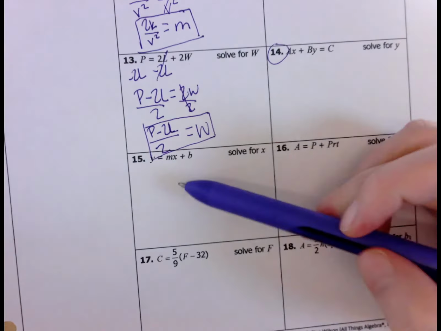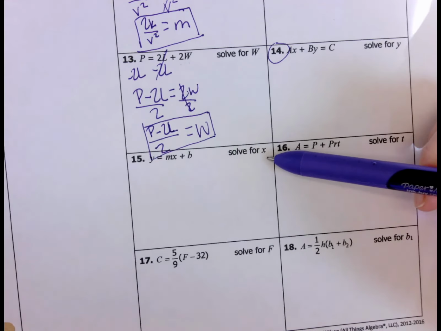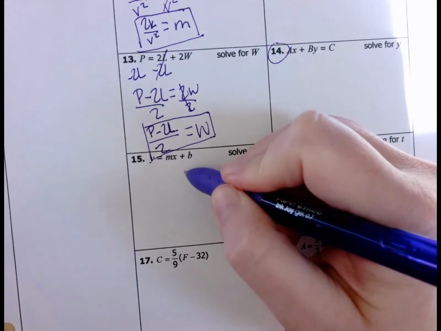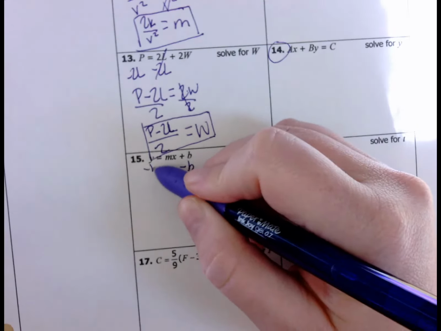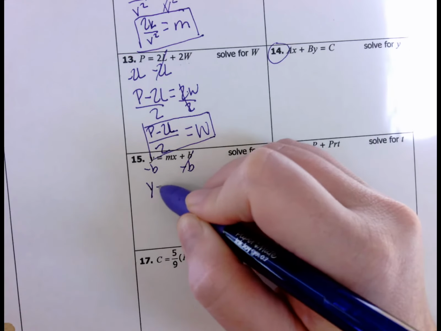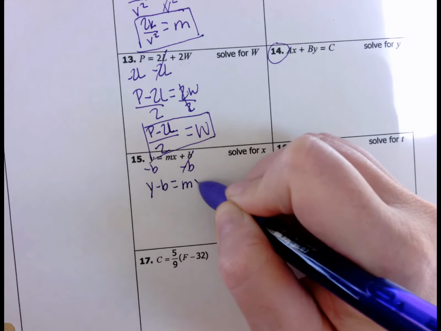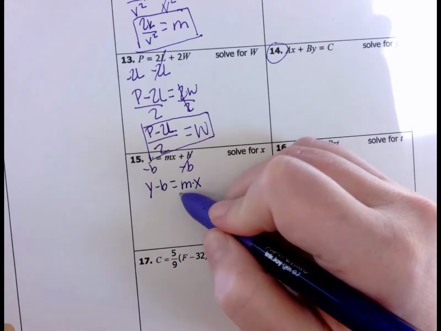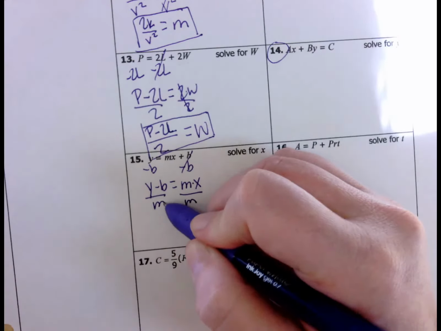Okay, number 15, y equals mx plus b, and we are solving for x. So we're going to switch things around a little bit. We're going to take care of the addition and subtraction first, so we're going to subtract the b. Y minus b is equal to mx. And then these are being multiplied, so I'm going to divide by m to get rid of it.